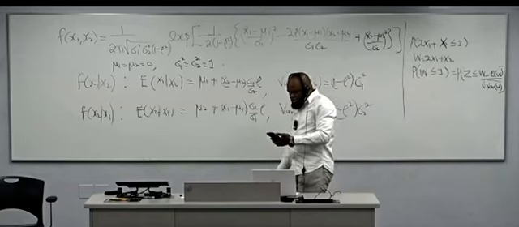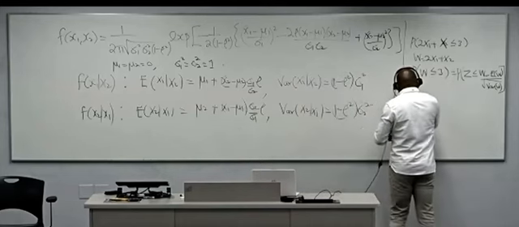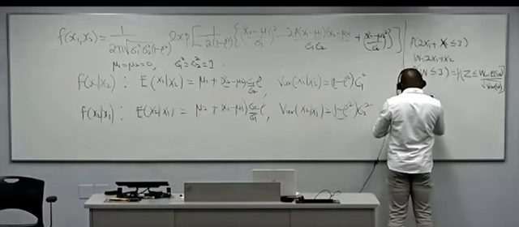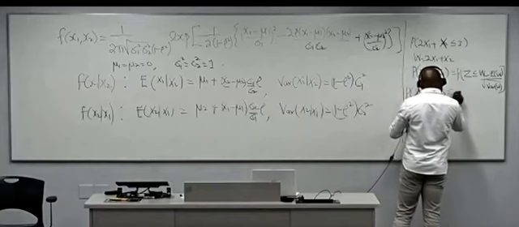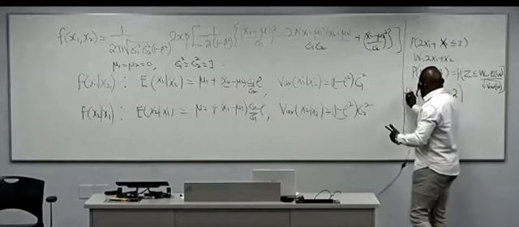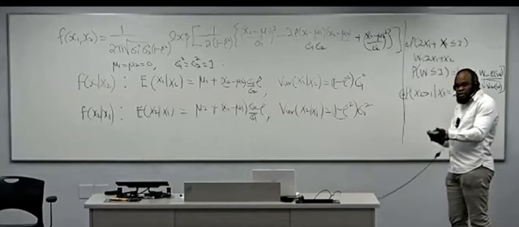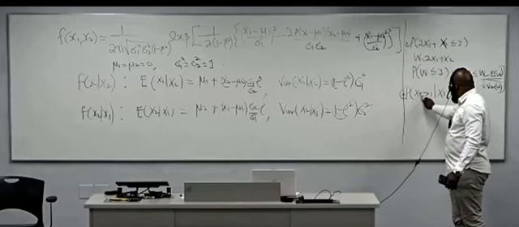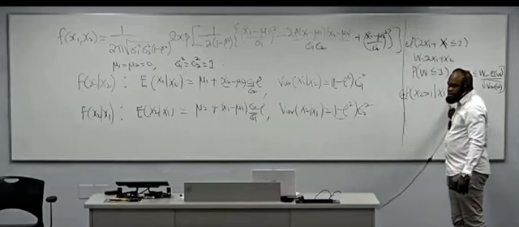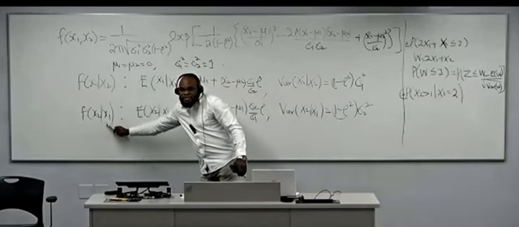Now I'll go to the third part of the question. In the third part of the question, the probability of X2 greater than 1 given X1 equal to 2. Okay, this is the third part of the question. When you take a look at this, you are actually talking about X2 given X1.